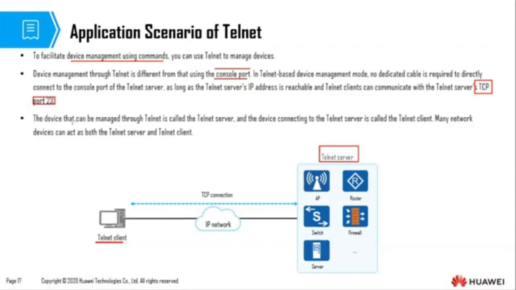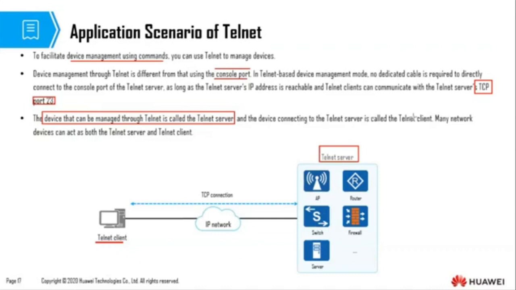Now the device that can be managed through Telnet is called the Telnet server. So if you want to be able to configure your devices, your router, via Telnet, you have to configure it as a Telnet server. That is what that means.